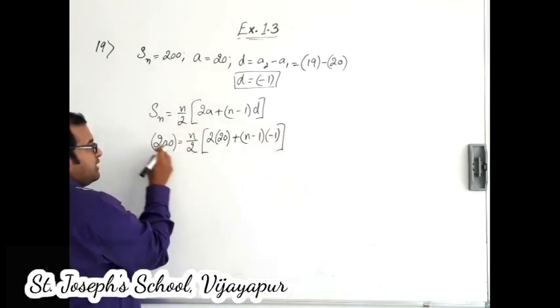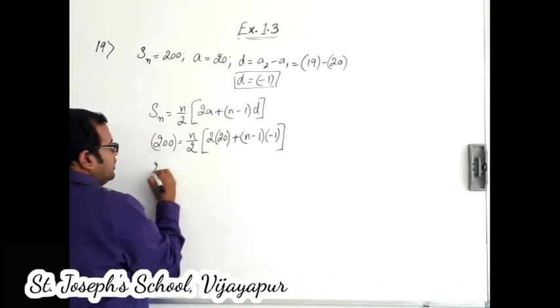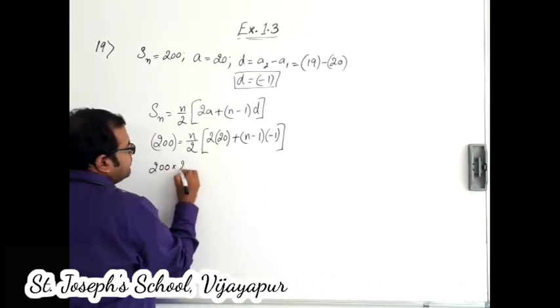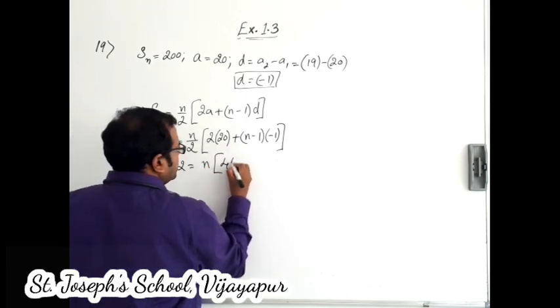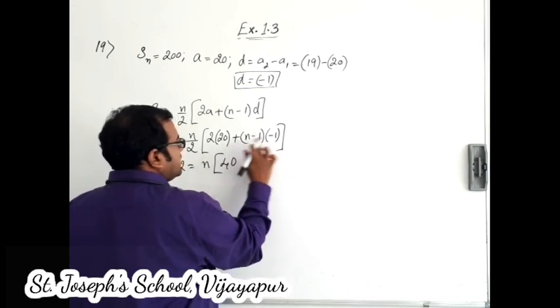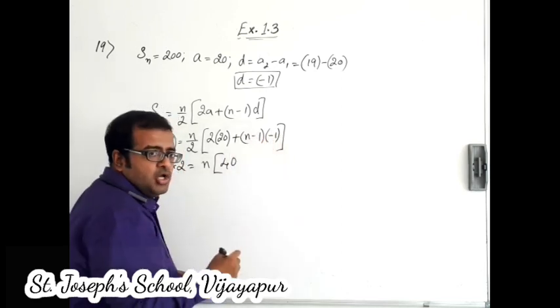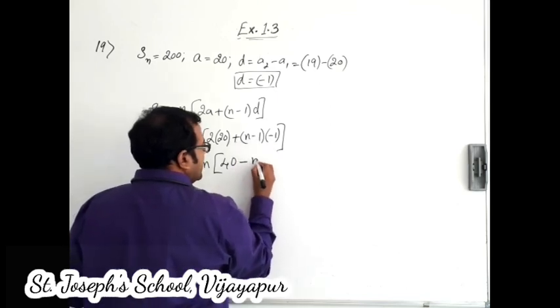Further simplification: 2 comes to the other side, so divided by becomes multiplied by. It is 200 into 2 is equal to n into, 2 into 20 is 40, plus minus 1 into n becomes plus into minus. As the distributive law is applied, we get minus n.